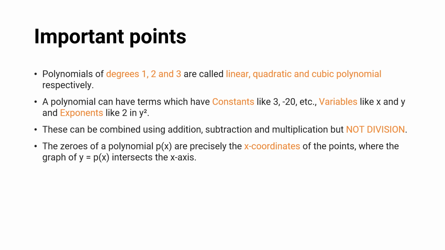The zeros of a polynomial p of x are precisely the x coordinates of the points where the graph of y equal to p of x intersects the x-axis.